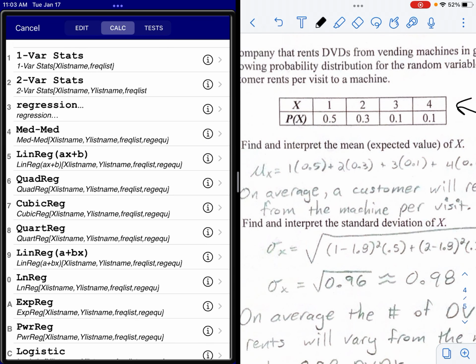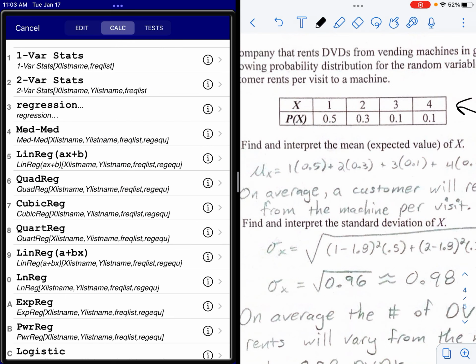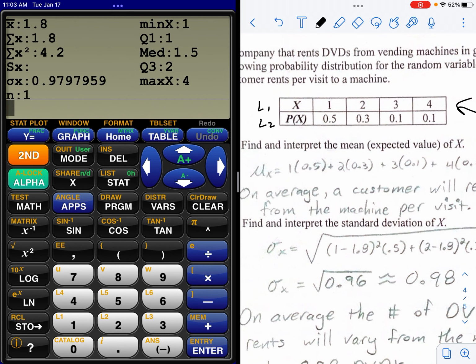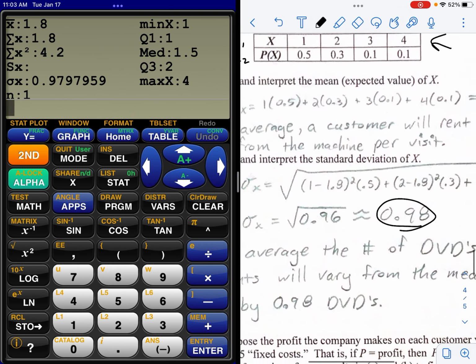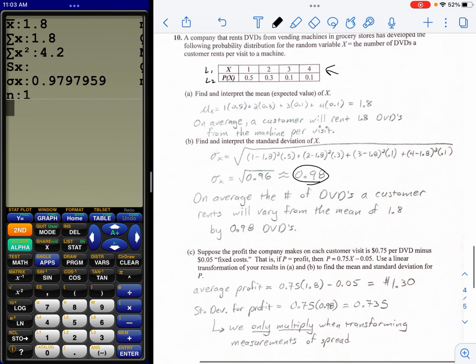It says X list name, comma, frequency list. The X list is list 1, and I want to do that based on the frequencies or the probabilities in list 2. So this is L1, this is L2. Then it spits them all out. And there you see sigma, 0.979, and I got 0.98, and I rounded it. So it can do it for you if you're worried about not getting the buttons pressed right.